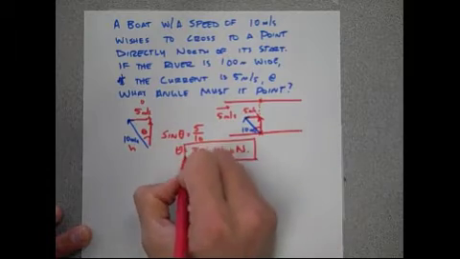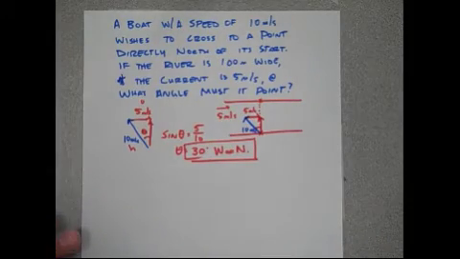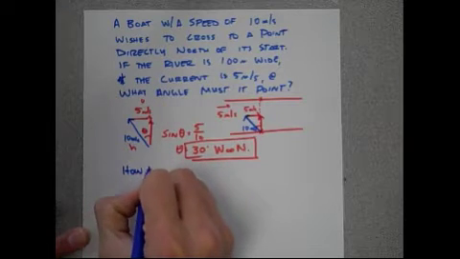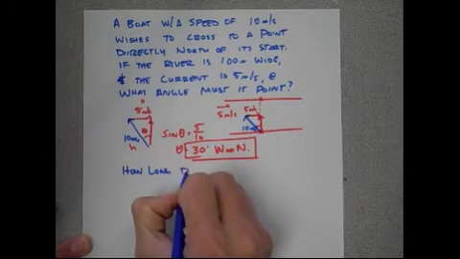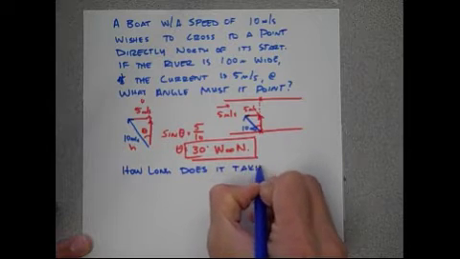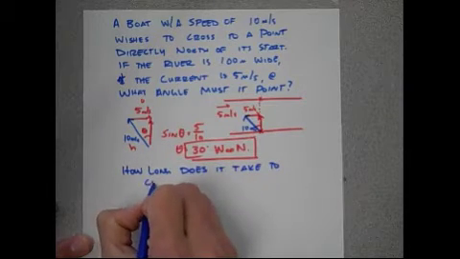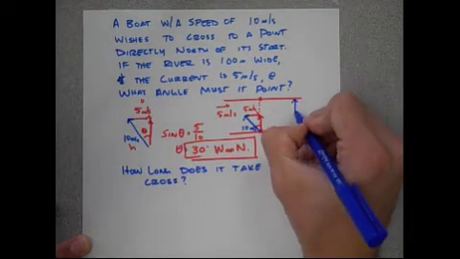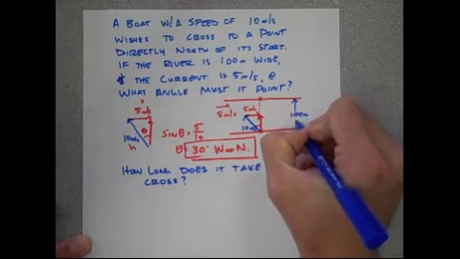Now, that's going to affect how long it takes this guy to cross. So let's look at how long it takes to cross. Now we're still talking about a 100-meter wide river.